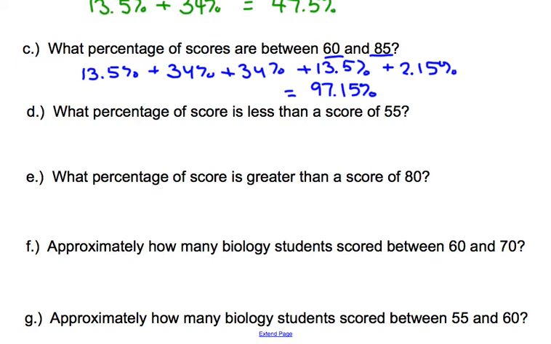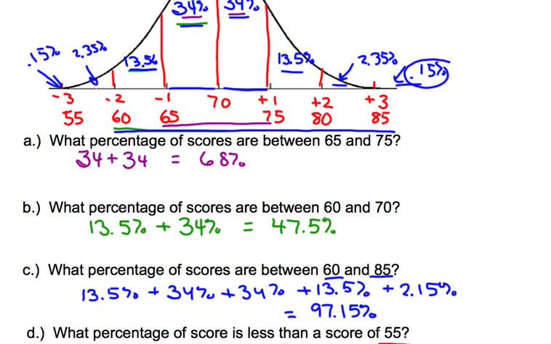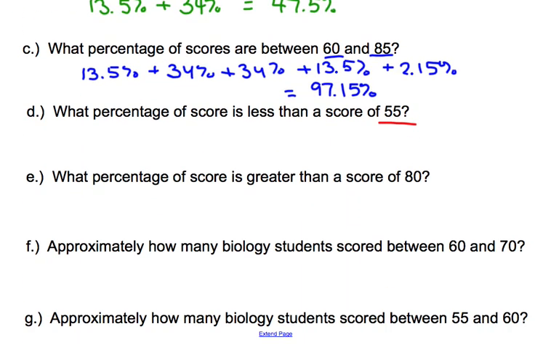Next question, what percentage is less than the score of 55? So here's a score of 55, and we're less for this direction. It is only 0.15%. Next question, what percentage of scores is greater than 80?